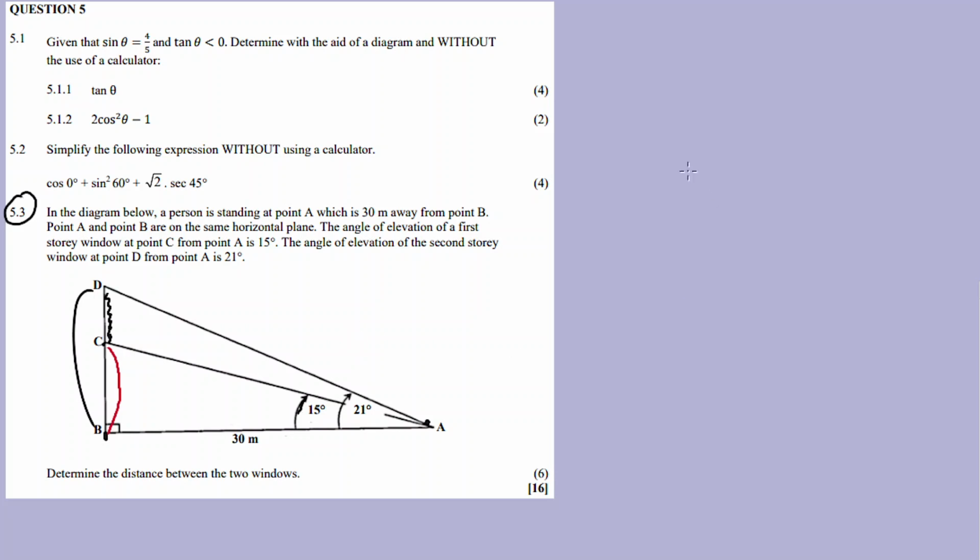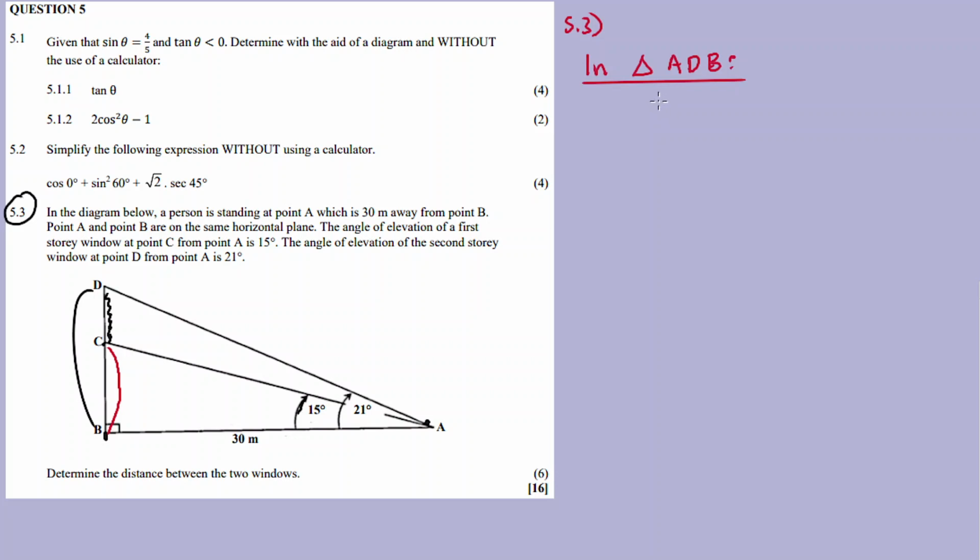But how do I achieve that? In 5.3, the first thing we do is in triangle ADB, the big triangle. Remember? I can use trigonometric ratios to calculate DB.